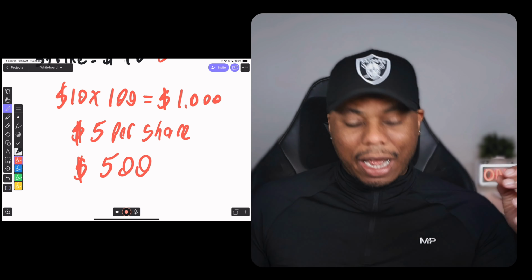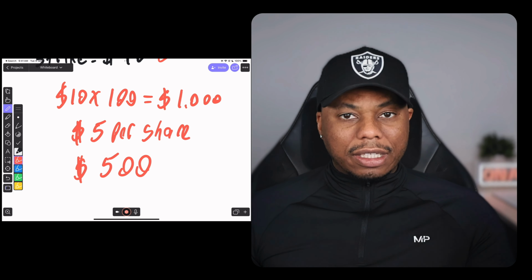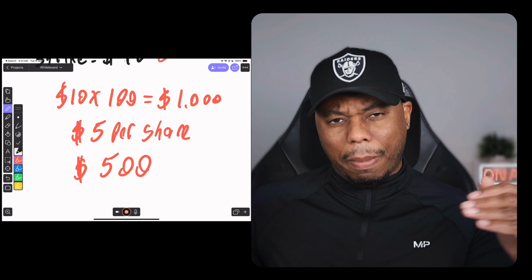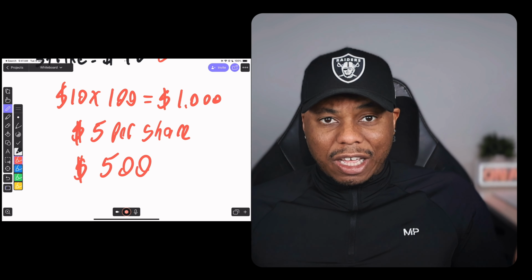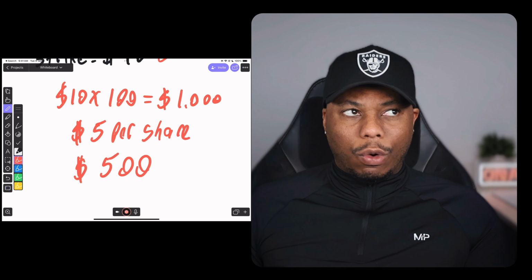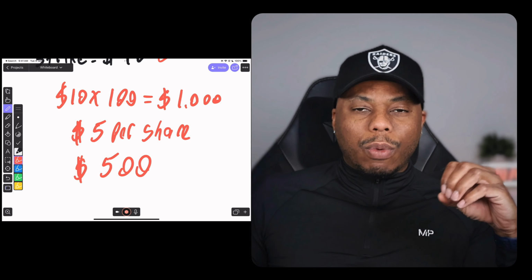So this person on the other side is saying, okay, I can risk 500 to make 1,000. And for me, I have risk because if it goes over $90, I'm forced to sell it at that price, right? So that's where it gets dangerous.